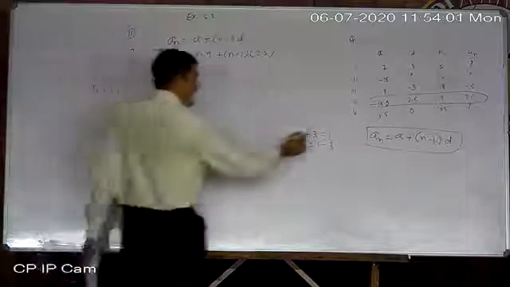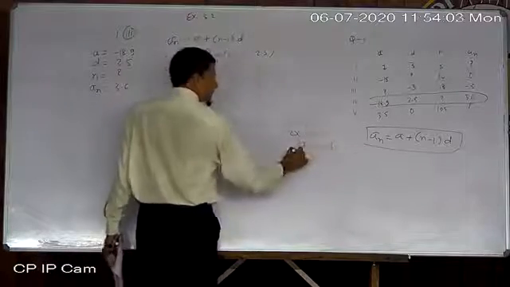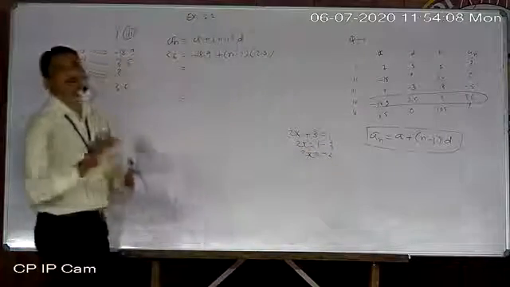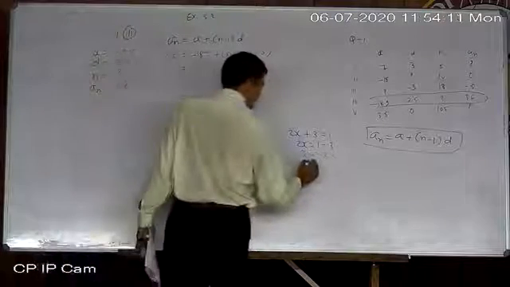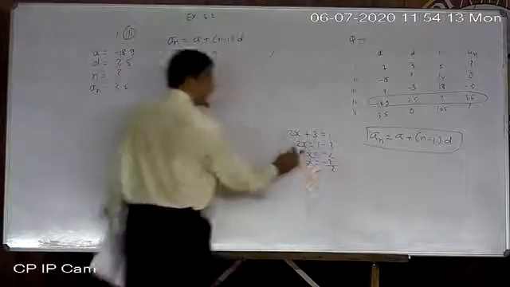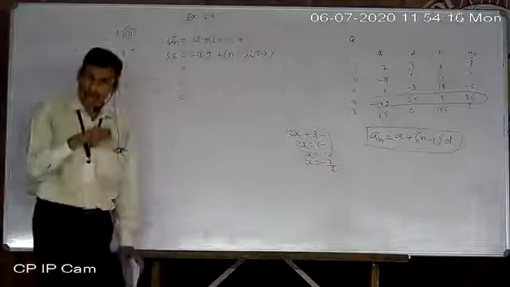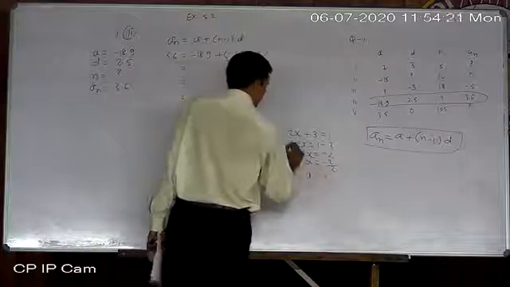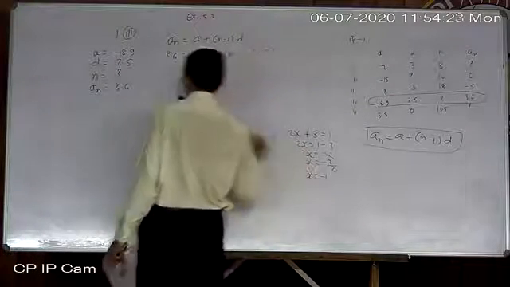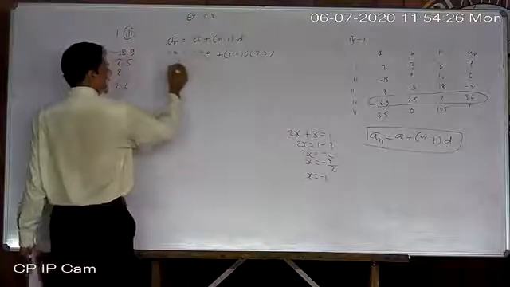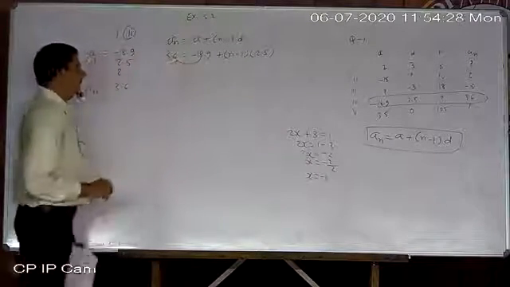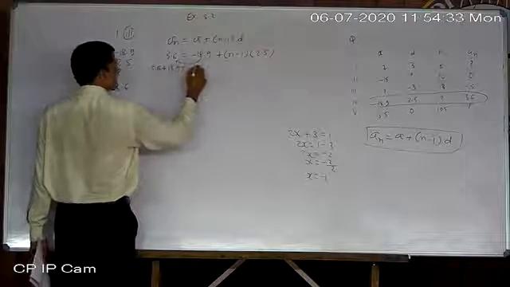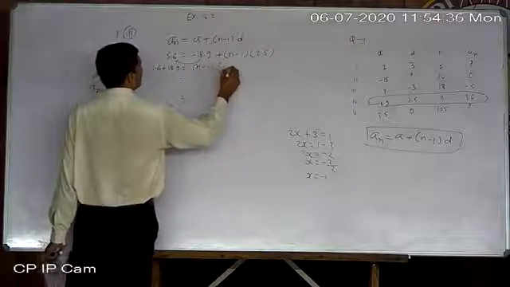So remember, the term has priority. Which number should be shifted first and then which number? The term is shifted first, and then plus 2 minus 2, so 2x becomes minus 2. Now it is the turn of shifting the coefficient. So x will be minus 2 upon 2. Why? Here no plus minus; here multiplication goes to division, division to multiplication. So it becomes minus 1. This way here also you first have to shift this one here. So it goes here: 3.6 plus 18.9 is equal to N minus 1 into 2.5.